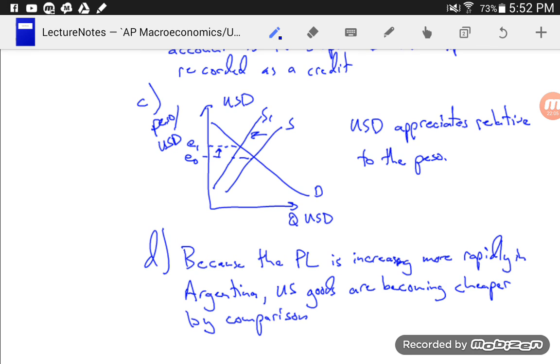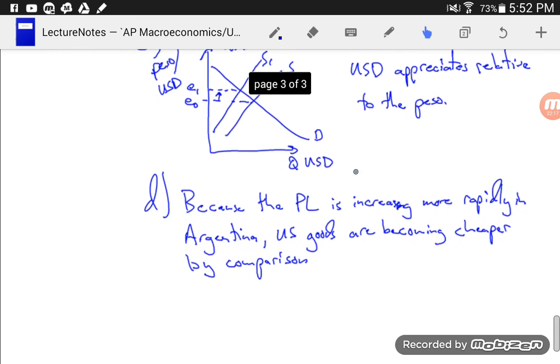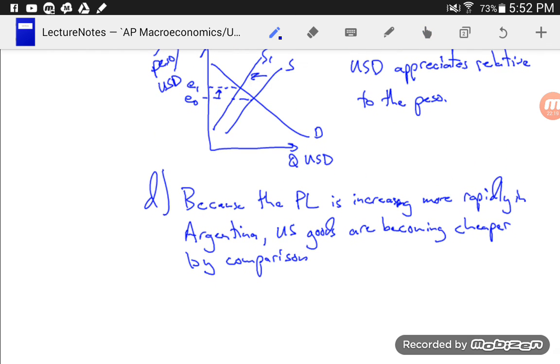If the price level of Argentinian made goods is rising, that is the definition of inflation. Because the price level is increasing more rapidly in Argentina, that means U.S. goods are actually looking a little bit more affordable compared to those higher prices of the Argentinian goods.